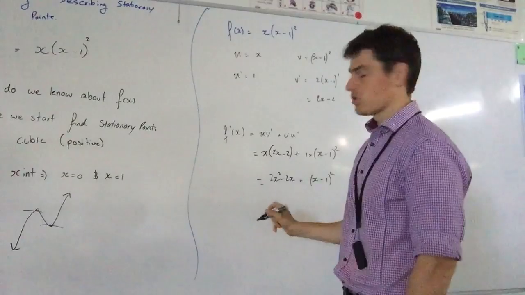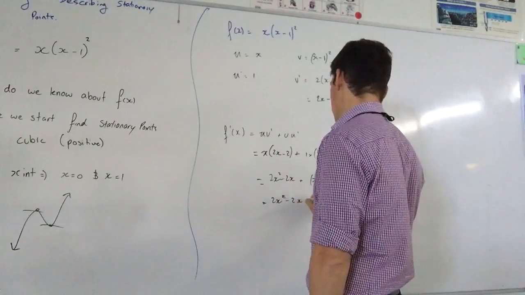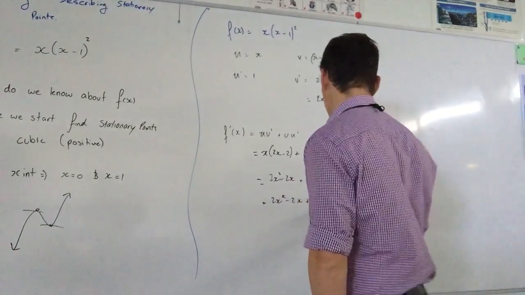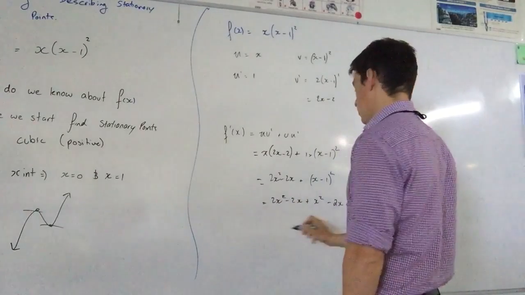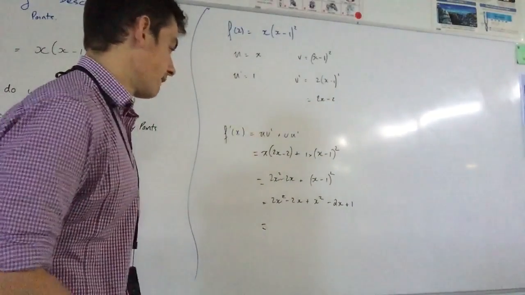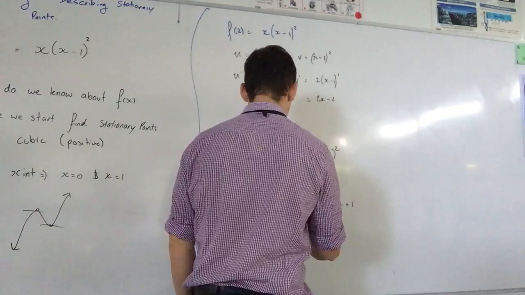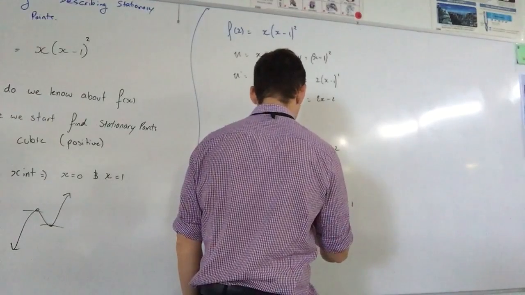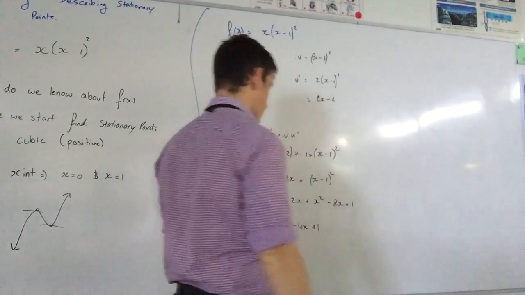I'm going to expand that just to make it a little bit easier: 2x² - 2x plus x² - 2x + 1 equals 3x² - 4x + 1.